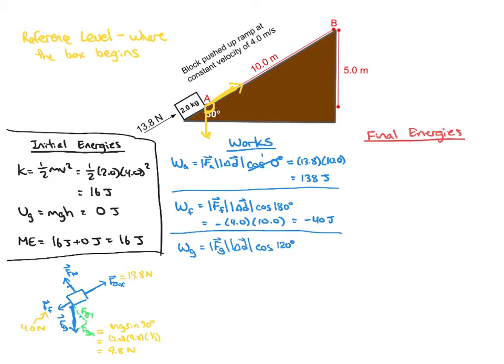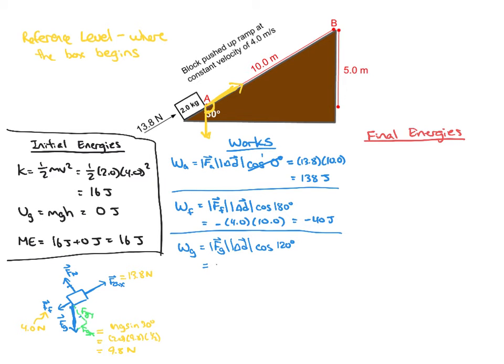It's an obtuse angle, so the answer is going to end up being negative. And if you look at the yellow arrows I drew, they're slightly opposing each other. They're not directly opposing each other, but they are kind of opposing each other. And that's going to make the work value turn out to be negative.